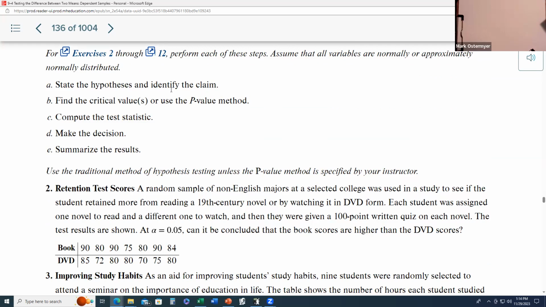Well, that's usually step 1 of the critical value method anyways, correct? B, find the critical value or the p-value method. That's step 2. And of course, always draw a picture of your reject, do not reject region or regions. Please always draw that picture. Compute the test statistic is usually step 3. Step 4 is make a technical decision. And then step 5, water it down so that like a 12-year-old could understand what you're talking about, okay?